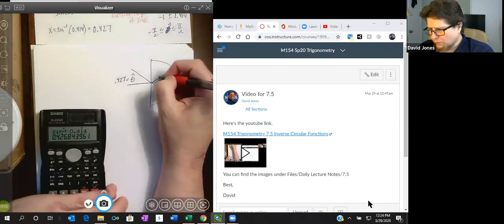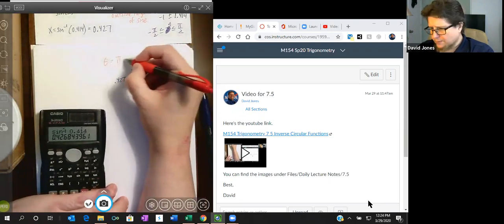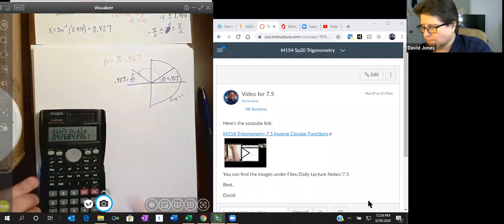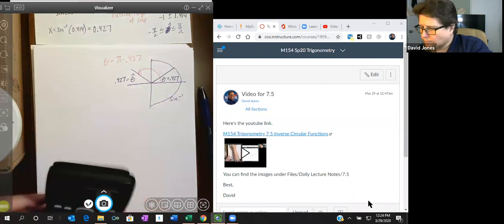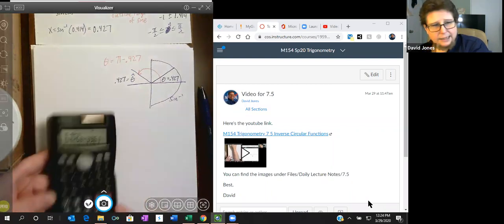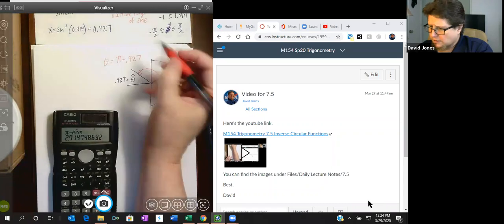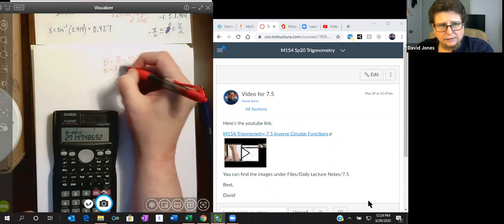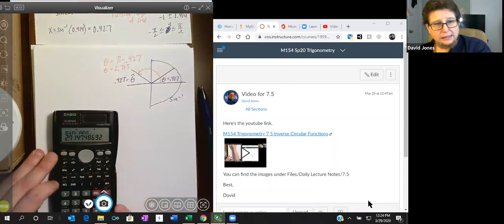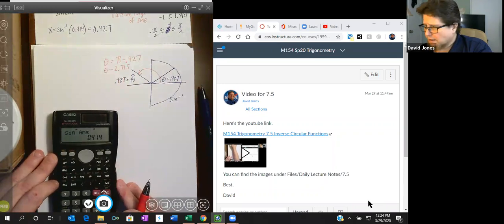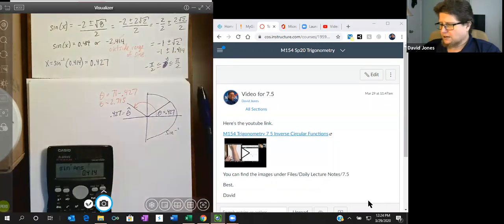That would make this angle right here pi minus 0.427. Pi minus answer. And I'm going to take the sine of this value and see if I get the answer. I still get the 0.414 that we had up above. So that one should work as well.